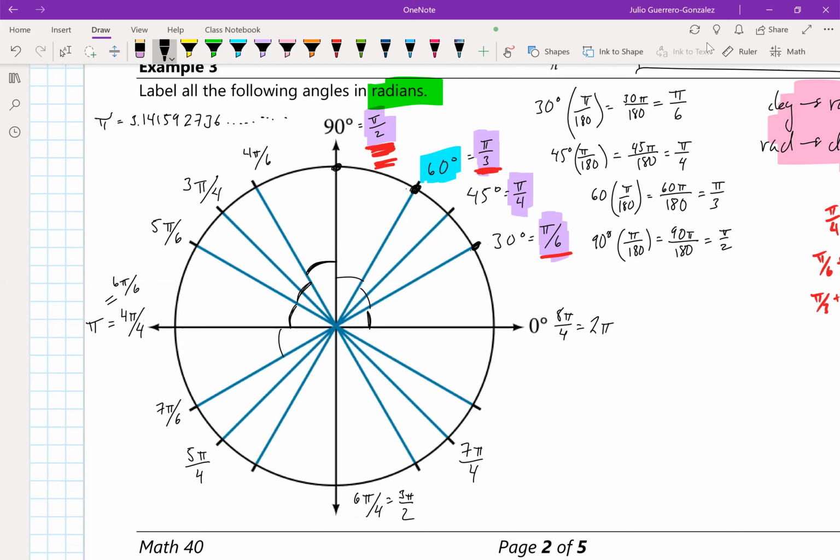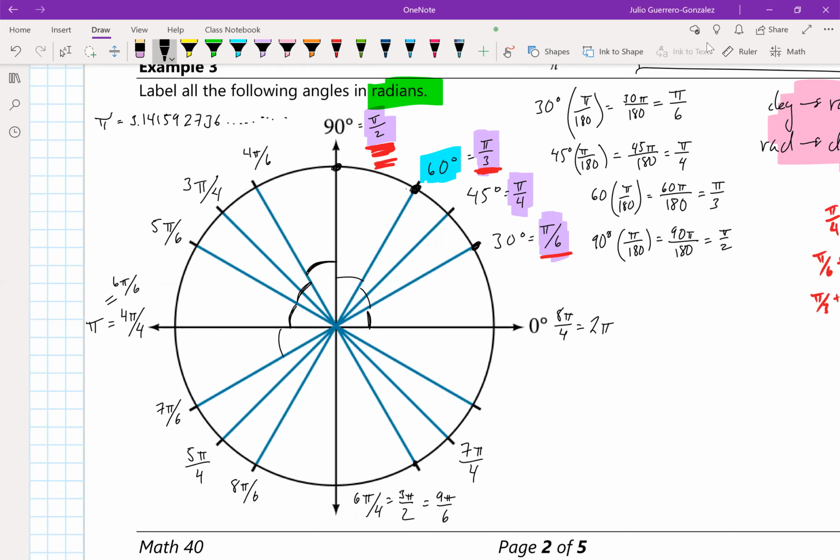7 pi over 6, 8 pi over 6. This is 9 pi over 6, which if you reduce it, gets you 3 pi over 2. So notice how no matter which way you get to the common ones, they still work out. Okay.